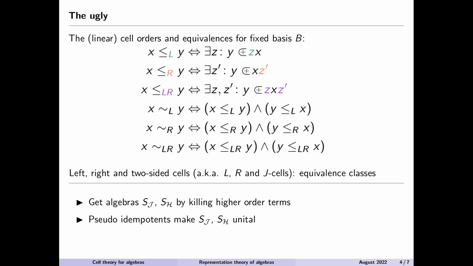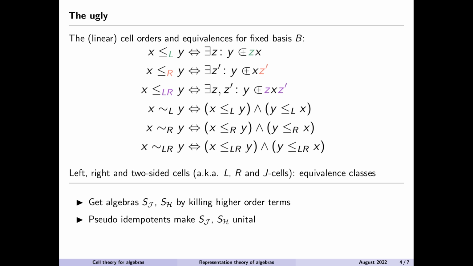Okay. The pseudo-idempotents make them unital. In general, it's the same nonsense as yesterday. I should work with semigroups, not with monoids. I kind of like unital things, so I have to make some choice here. And if I have a pseudo-idempotent, it will be unital.